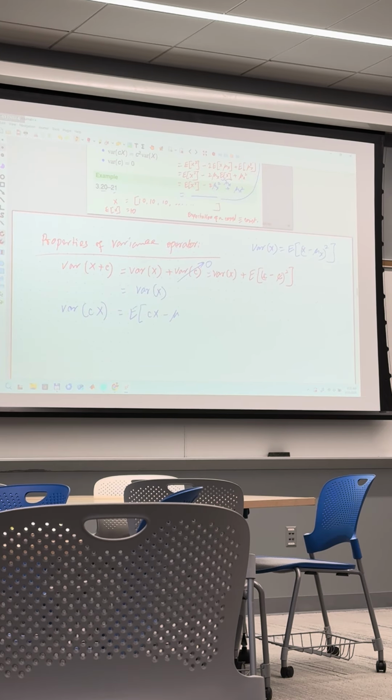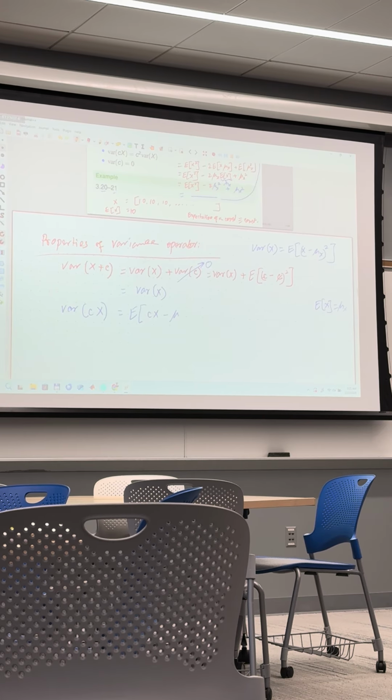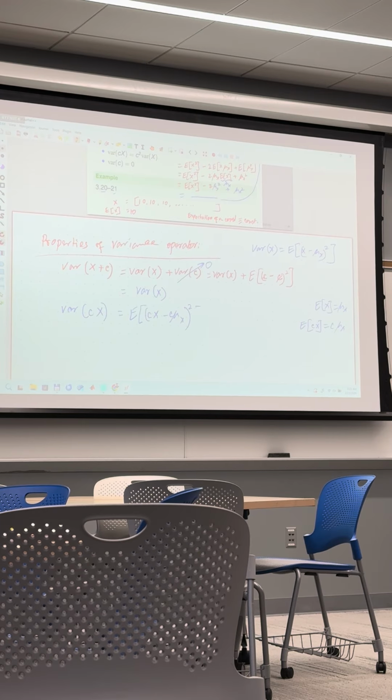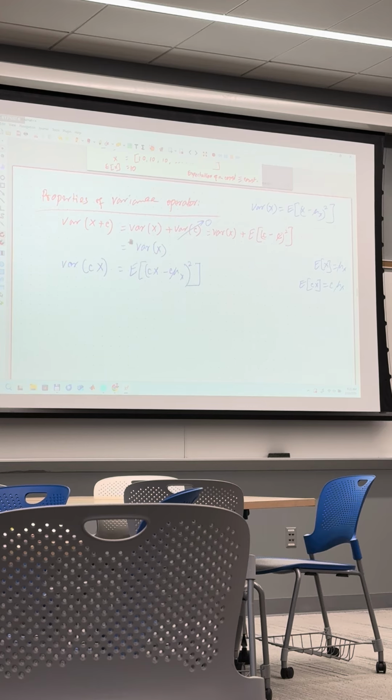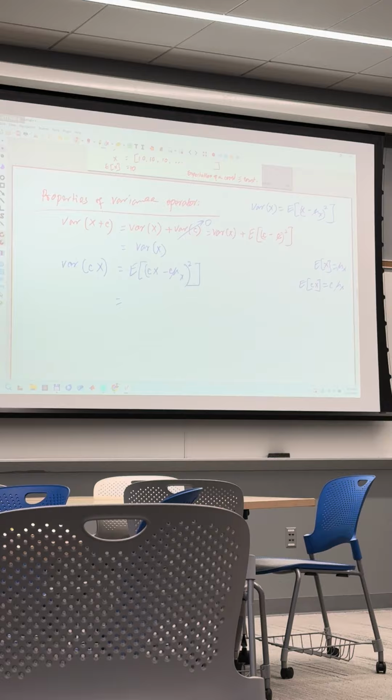So expectation of x is mu sub x. Expectation of cx is simply c times mu sub x. So you are left with c mu sub x. You square it, then this c becomes c squared. c squared is a constant.